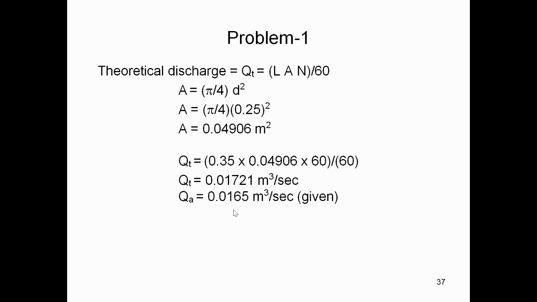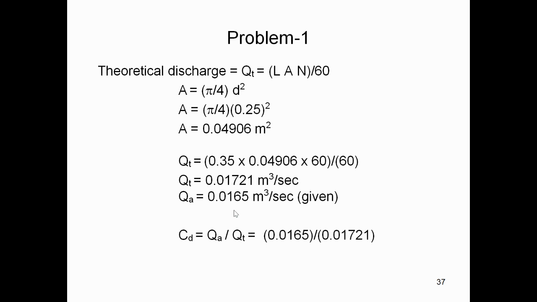The actual discharge is given as 0.0165 meter cube per second. Next we will get the coefficient of discharge Cd. The formula for Cd is Qa by Qt.